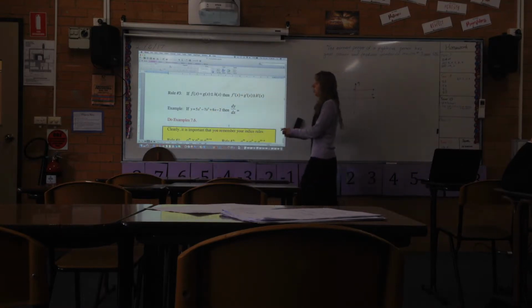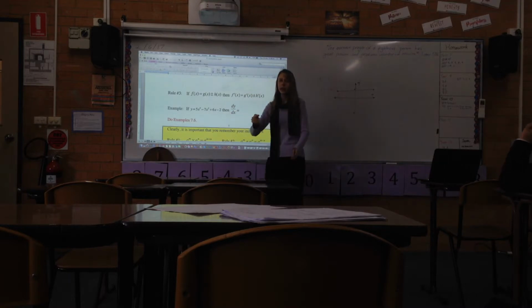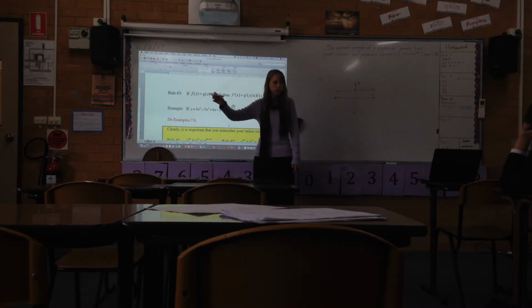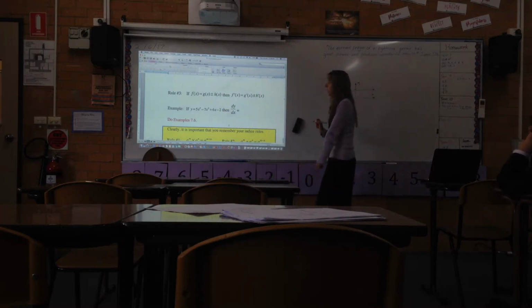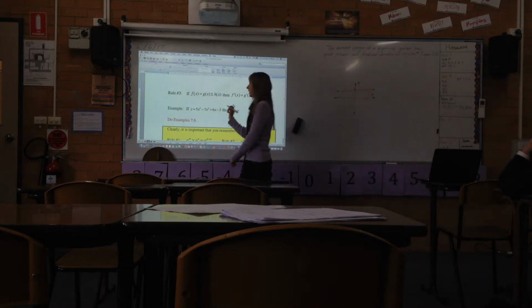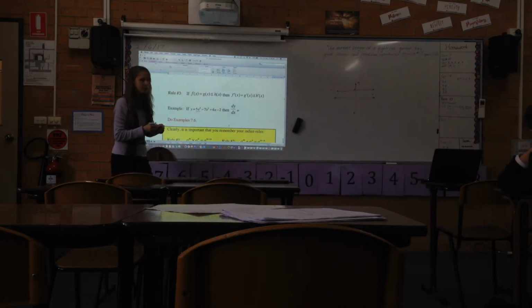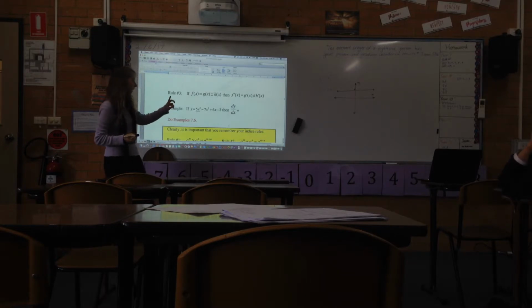That's all it's saying. You've got a couple of different ones separated by plus or minus, you differentiate them individually. Let's try and do this with this example. Okay, let's see how well you can already do what we've done so far.